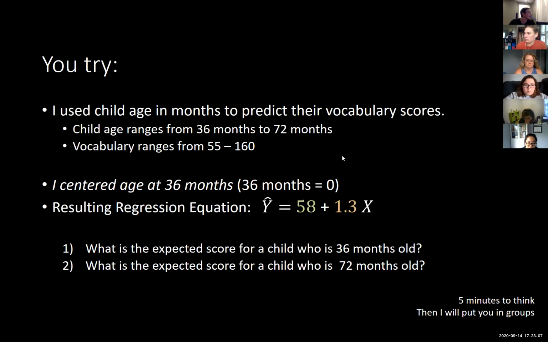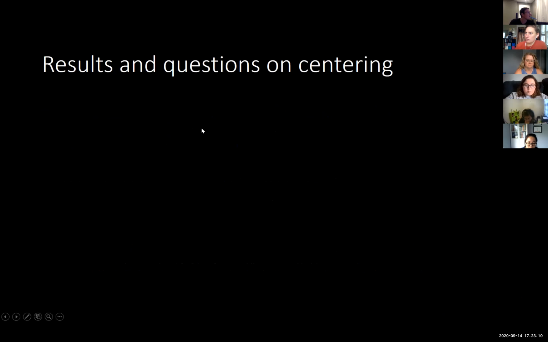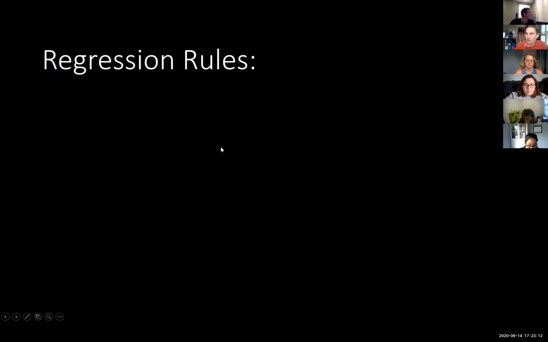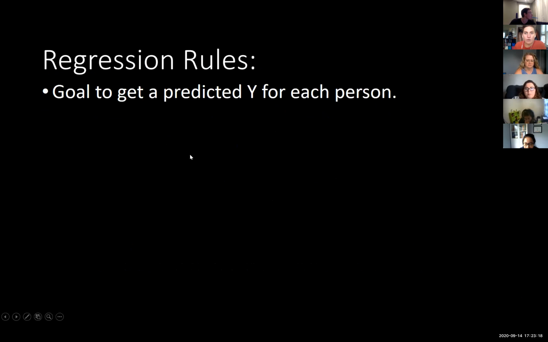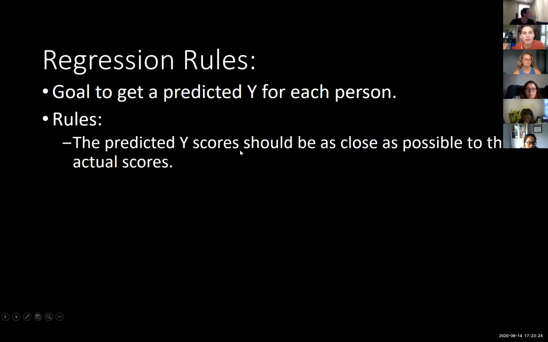Now I'm going to move on and talk a little bit about regression rules. The goal of regression, as we've said a couple of times, is to get a predicted y-score for each person. The rules about that predicted y-score are that the predicted y-scores should be as close as possible to the actual scores as you can get.